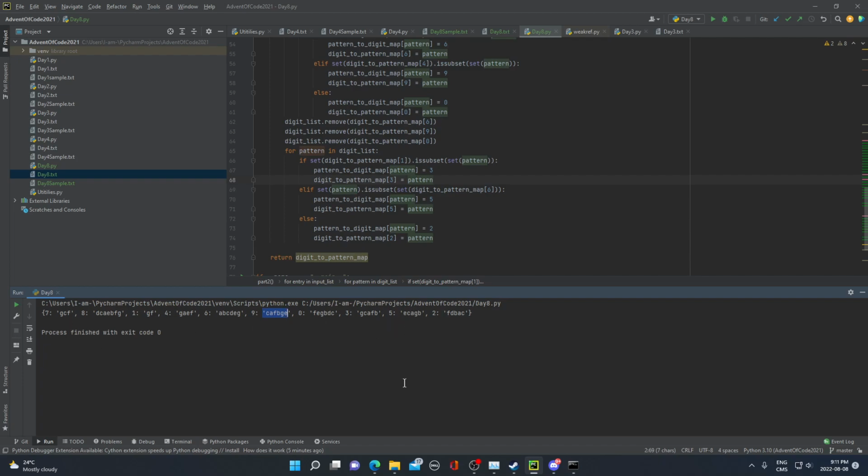GCF? 3 should have 7 in it, yes. AB. 2. That's correct. How do I figure this out?